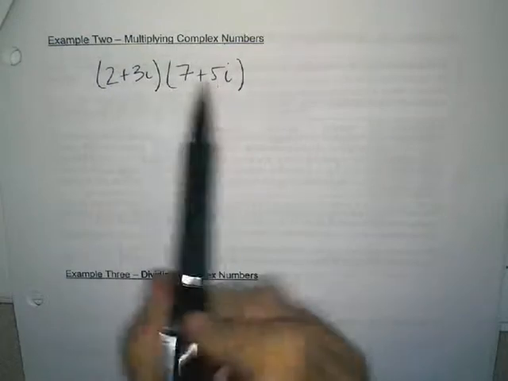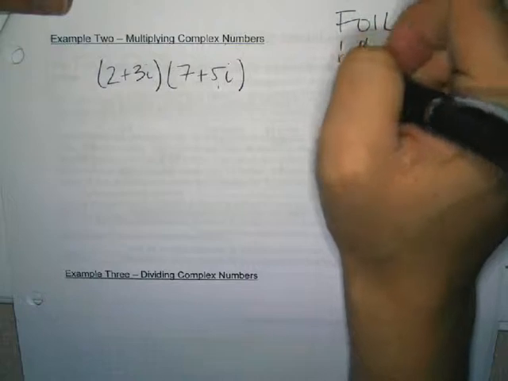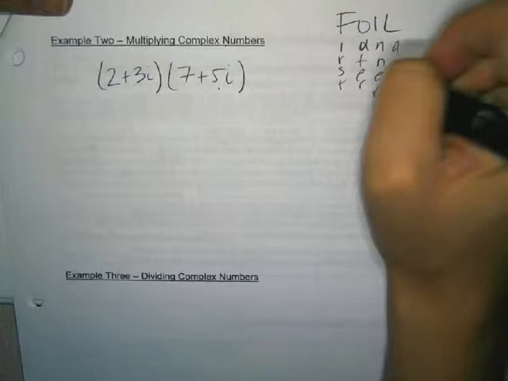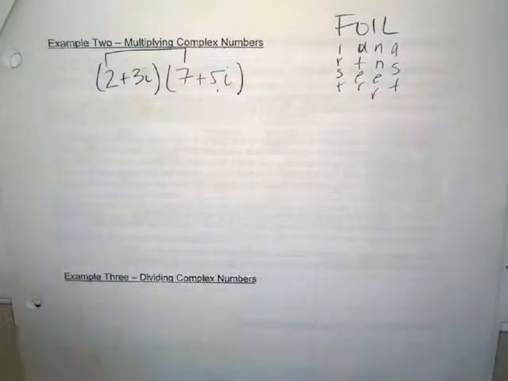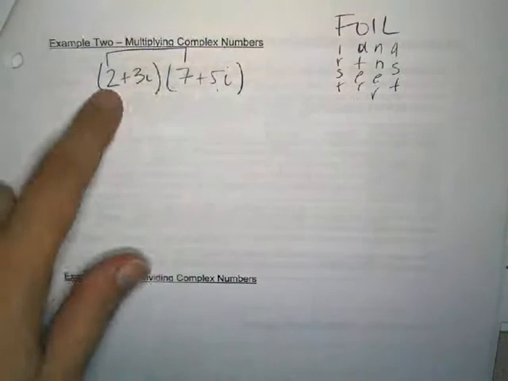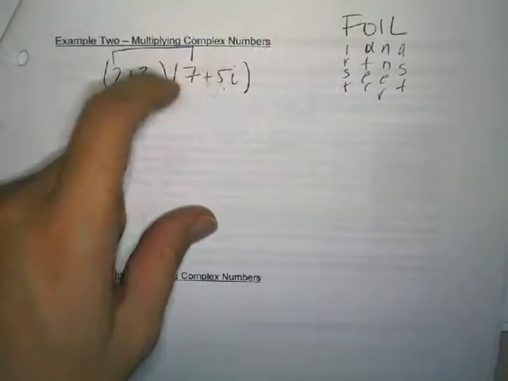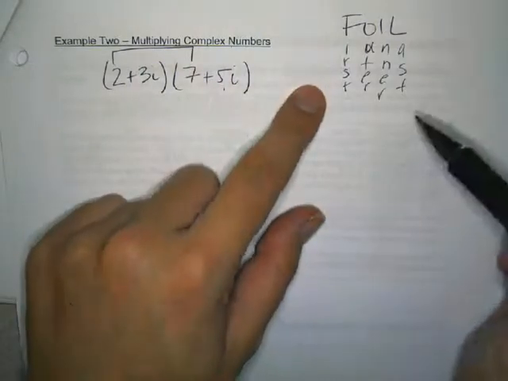So we're going to FOIL these together. Now, keep in mind, FOIL means first, outer, inner, last. So we start with multiplying my first terms together. Because technically what you're doing with FOIL is you're distributing the 2 and the 3i to every term in the next parenthesis. FOILing is just a method that we use to make sure that you don't miss any terms.